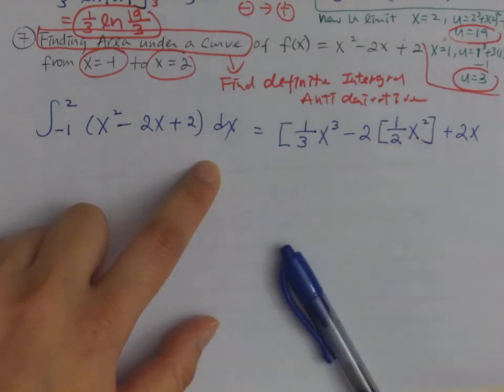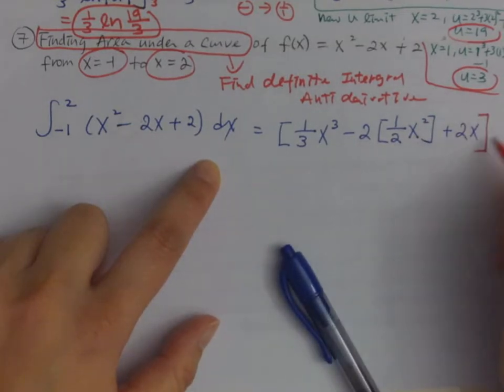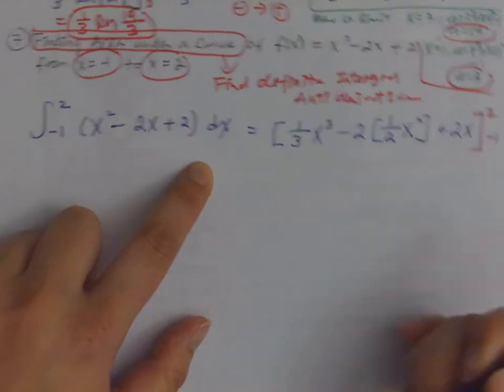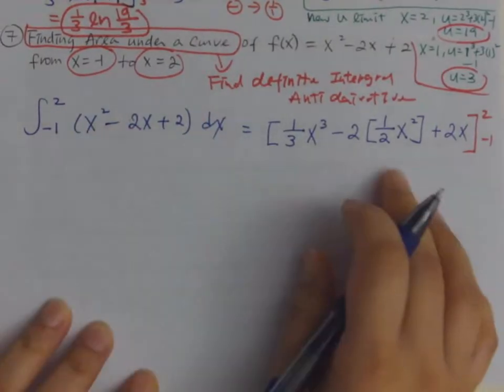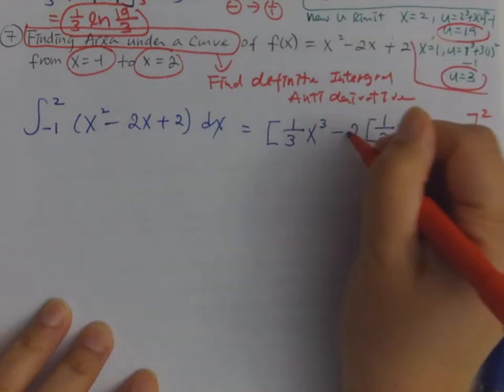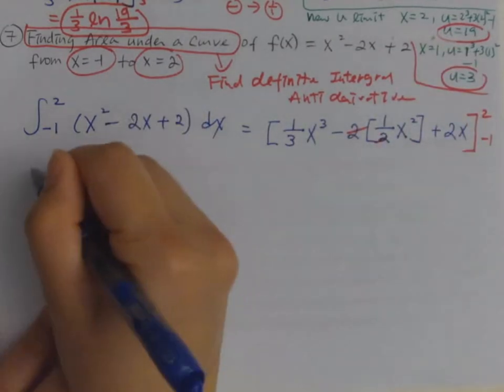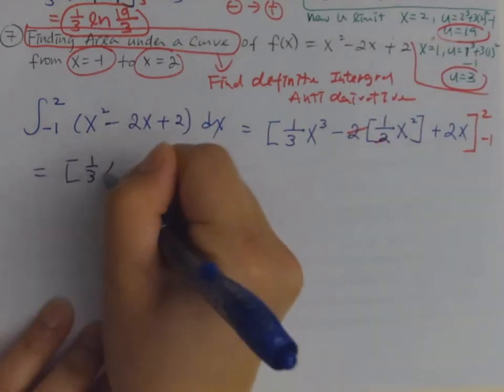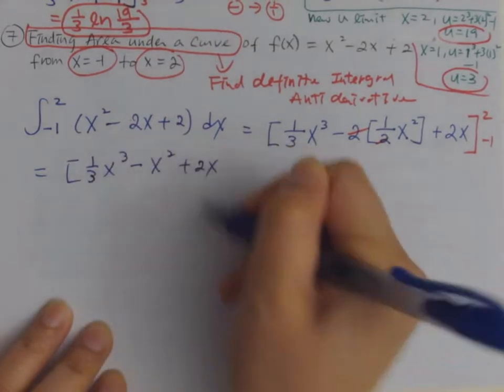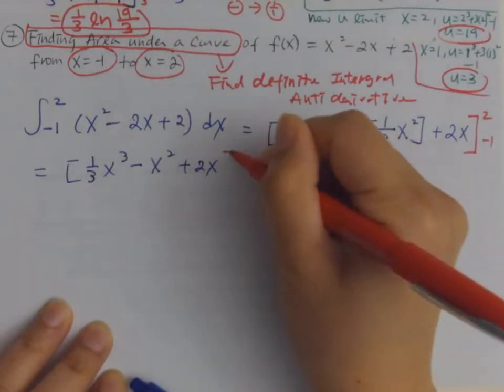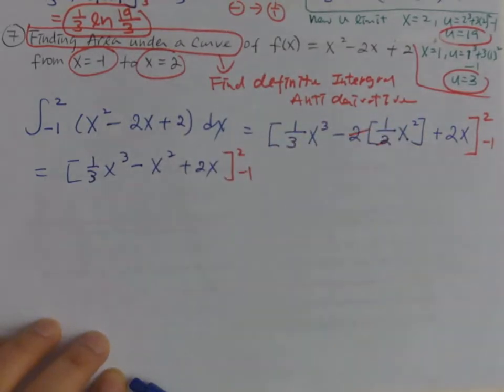So after we take the integral, we can plug in the upper and lower limits, right? Okay, so now let's clean that up. So this can reduce, right? So this is basically 1/3 x cubed minus x squared plus 2x, and then we can plug it in to -1.